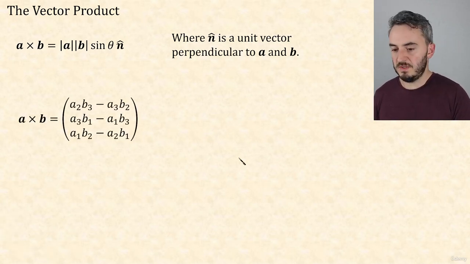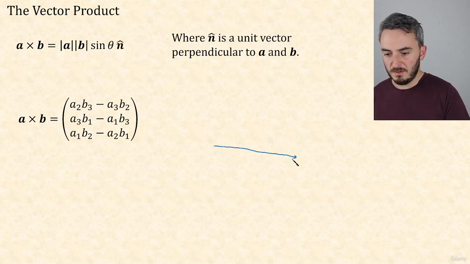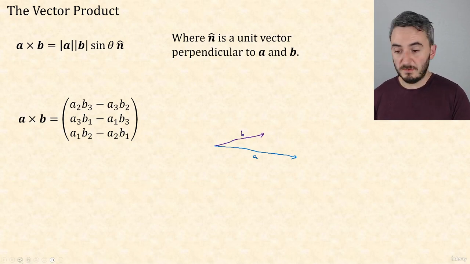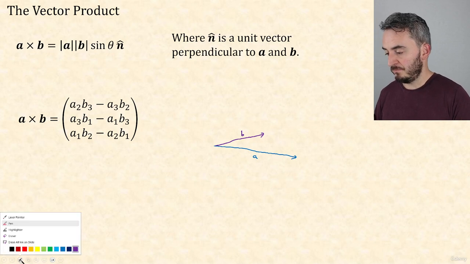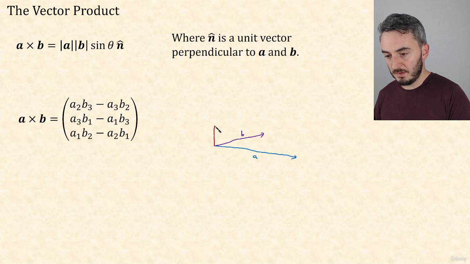Now the key picture is something like this. If you have some vector A, like that, and you have some other vector B, like this, which doesn't need to be the same length at all, doesn't need to be pointing in the same direction, anything like that, then the vector product is a third vector which is orthogonal to both. What does that mean?